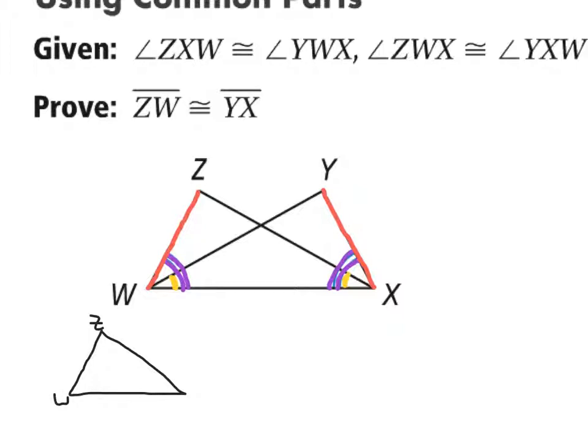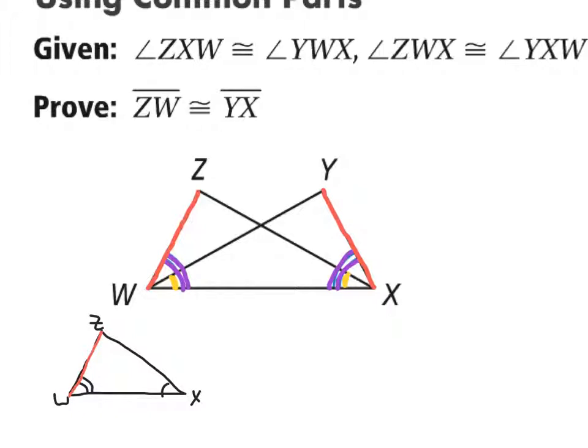And I'm given that angle ZWX is congruent to another angle. And I'm given that angle ZXW is congruent to another angle. So I'm given lots of information about this triangle, and that side ZW is the one I'm trying to prove is congruent to another one.